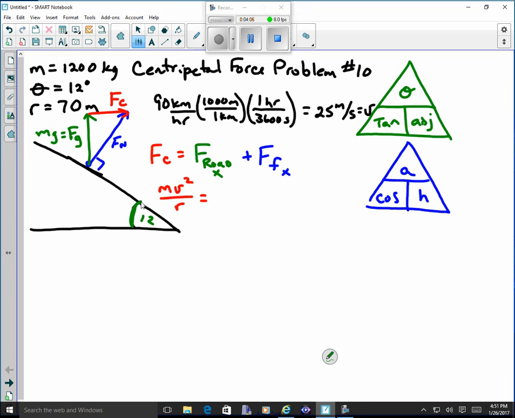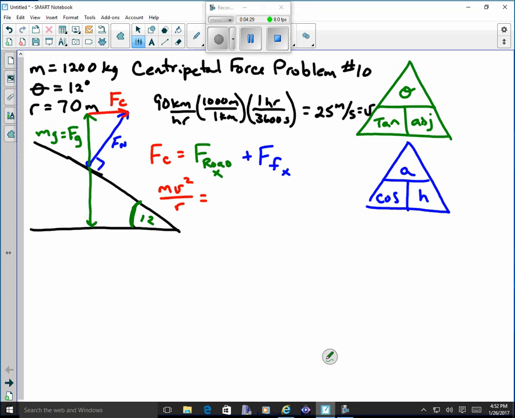But that is in the y direction. We want to know what the road is pushing in the x direction. So let's take a look at this. I know that the green side here is the adjacent side. Let me show you how I got that, because this gets a little tricky too. I'm going to extend this green line down, because this green line would be the gravity line going straight down.